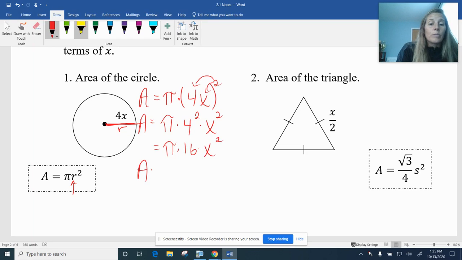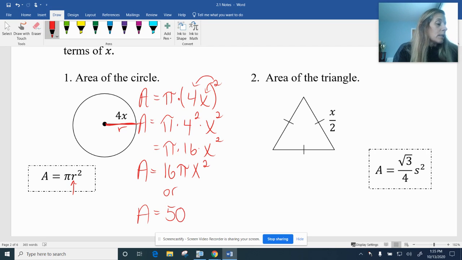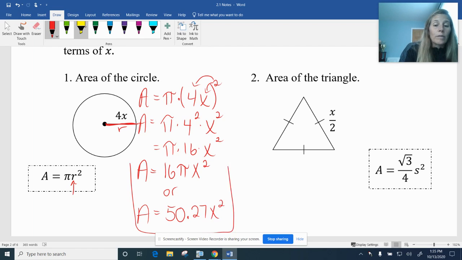So my answer would be 16 pi x squared. Or if you actually multiply the 16 pi out, I believe you get 50.27. And then you'd still have that x squared. So either form of that answer would be fine.